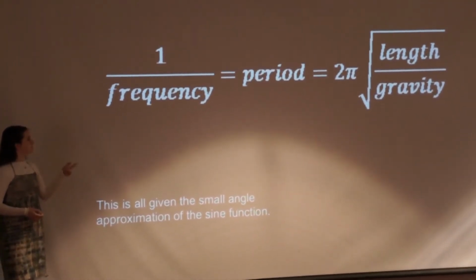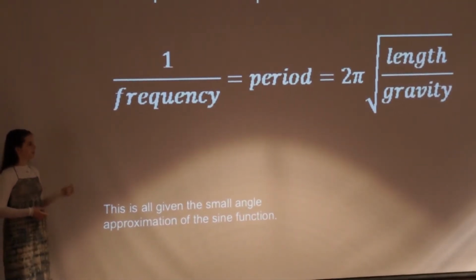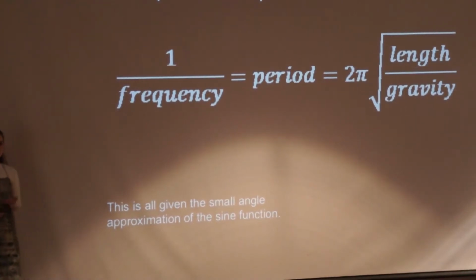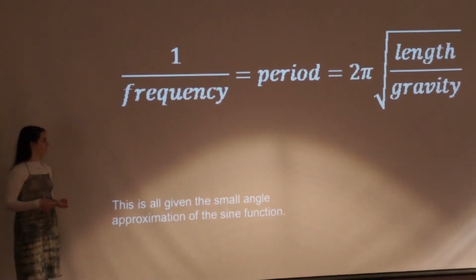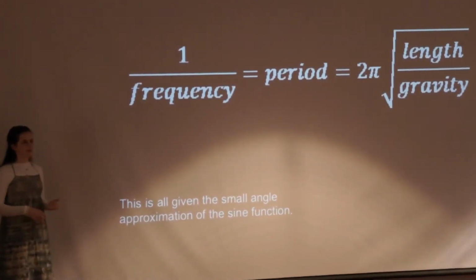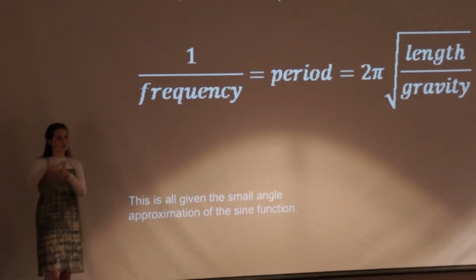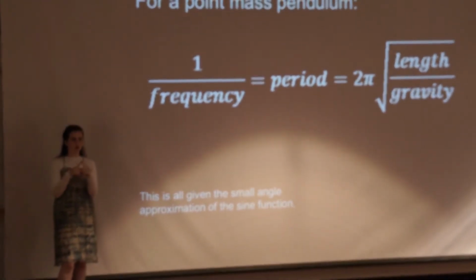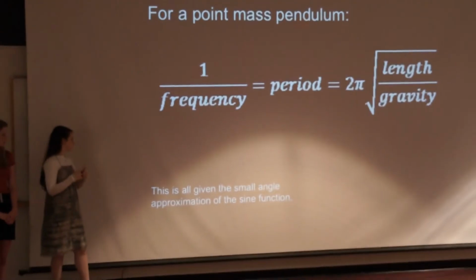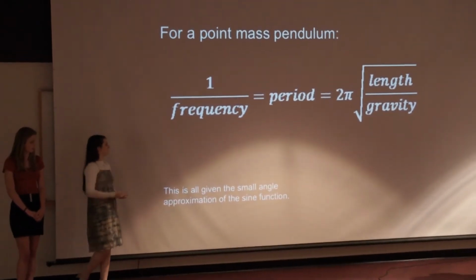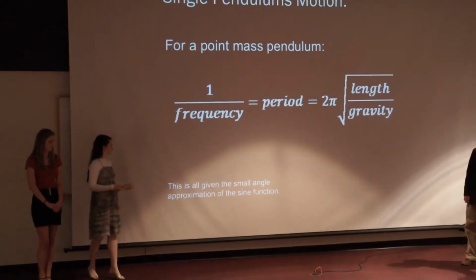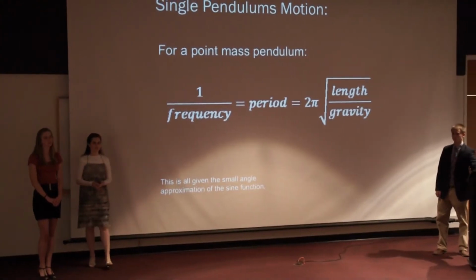And this equation relates the length to the period. So the period is directly proportional to the square root of the length. And this is all given that the angle of the pendulum is small, because if it's too large, then these functions wouldn't work because of the small angle approximation of the sine function.